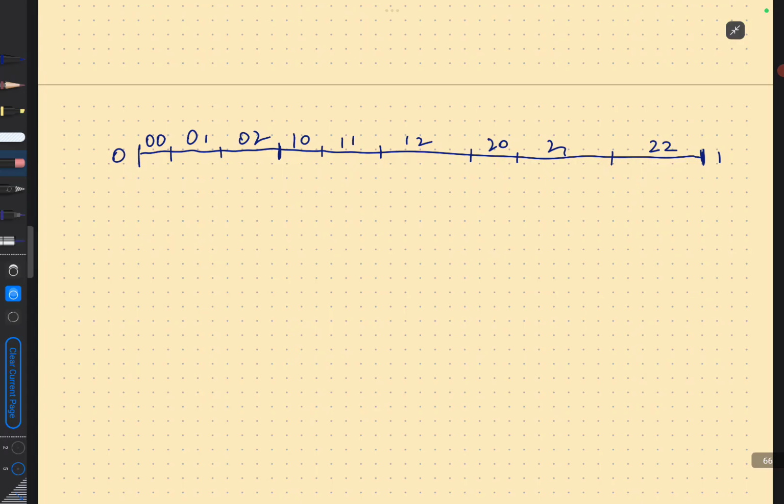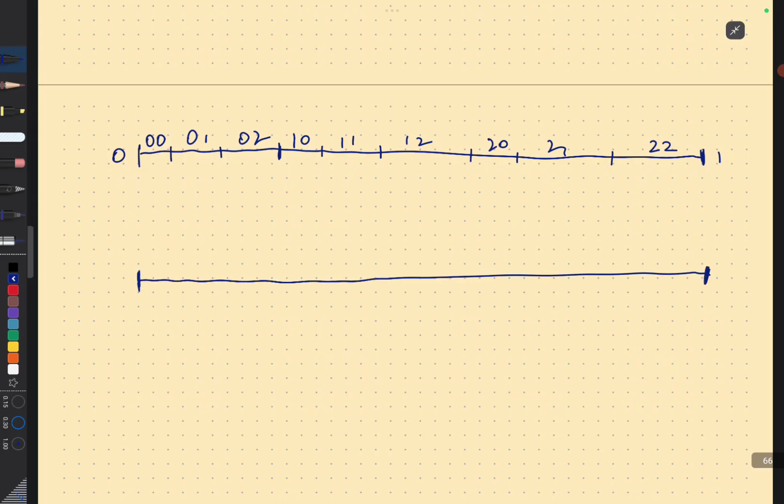So I'm taking pairs of symbols and I'm using the probabilities to partition the interval from 0 to 1 into subintervals. The width of each subinterval is equal to the probability of that sequence occurring. Now I'll take another copy of the interval from 0 to 1 and I'll successively partition this into subintervals of equal length.